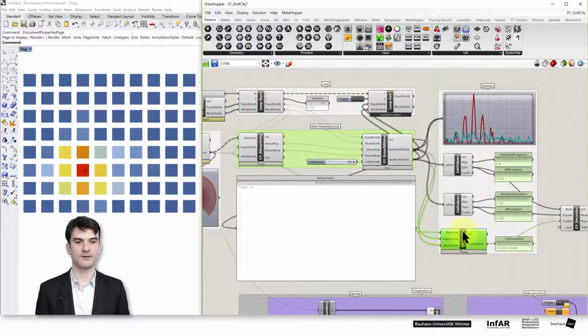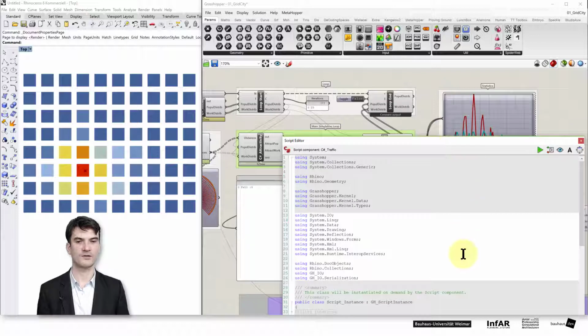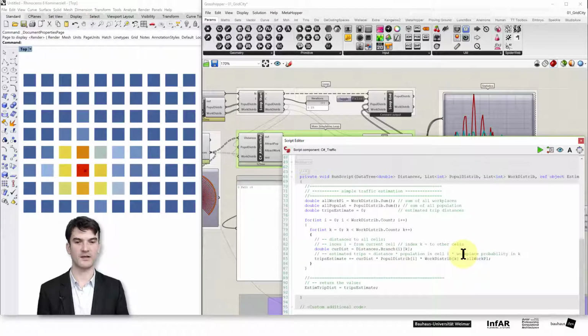And we can estimate how much traffic is caused by this land use pattern and compare it to another land use pattern. So we can try to find out if a certain distribution or a certain logic of our model causes more or less traffic.